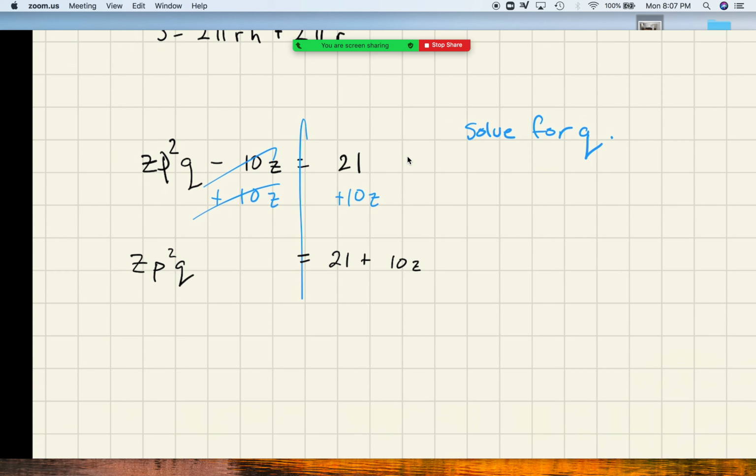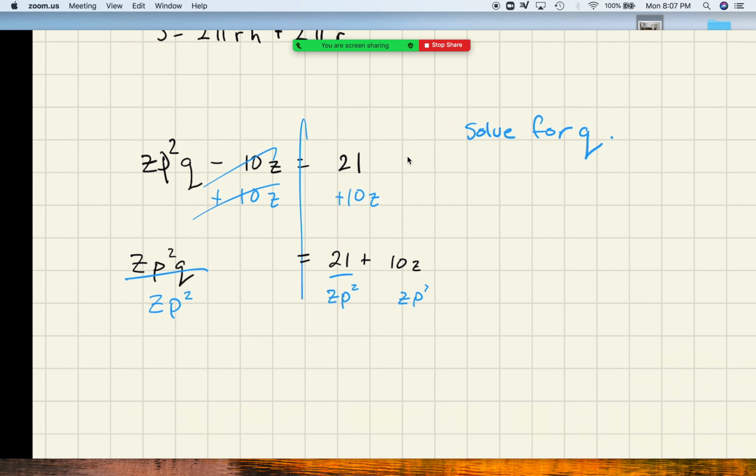But our whole goal is to get q all by itself. So q is being multiplied by p squared and z. So I just have to divide off both of those. So divide by z p squared, and then do that to the other side. Divide by z p squared.